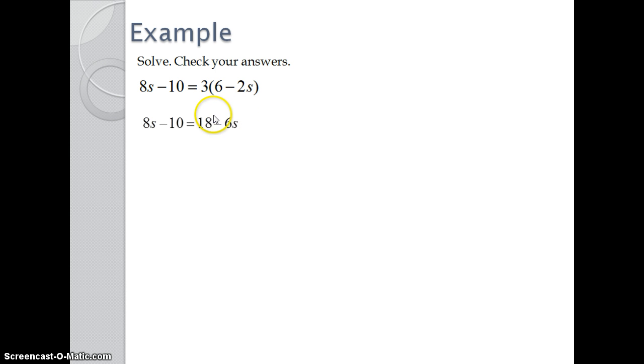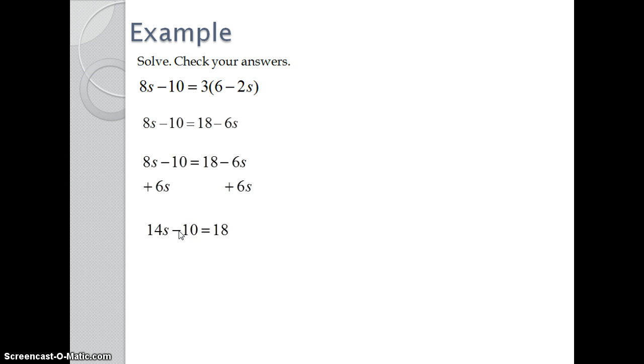So I need to add 6s to both sides. Negative 6s plus 6s is just 0, so I'm left with 18. 8s plus 6s is 14s. Make sure you bring down your minus 10.